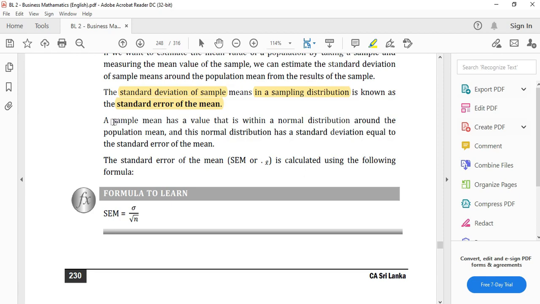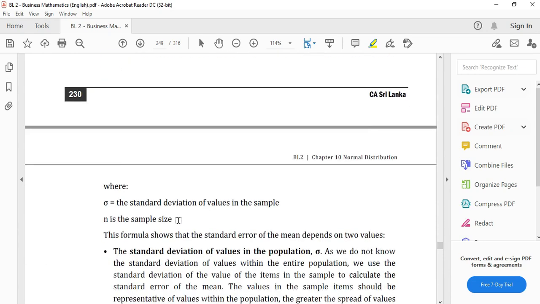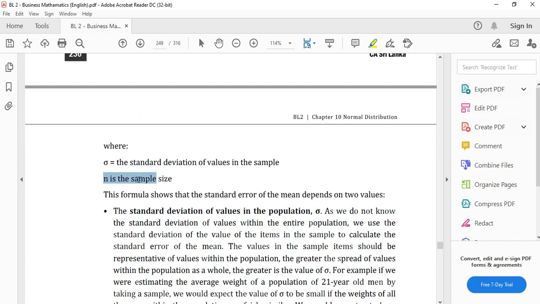Now, a sample mean within the normal distribution around the population mean, and this normal distribution has a standard deviation equal to the standard error of the mean. Standard error of the mean will be a formula which is sigma divided by root of n, where n is equal to the sample size.